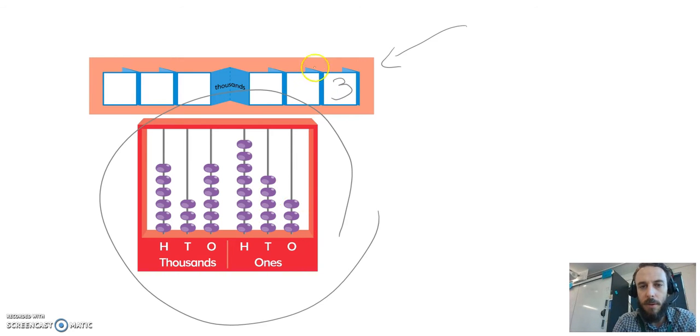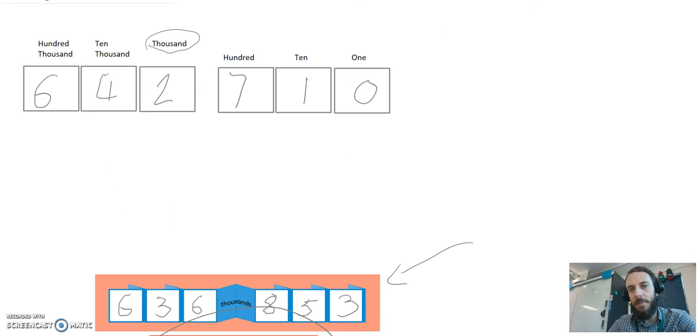There are 5 in the tens column, 8 in my hundreds, 6 in my thousands, 3 in my 10,000s, and 6 in my 100,000s. And I would read this number 636,853.